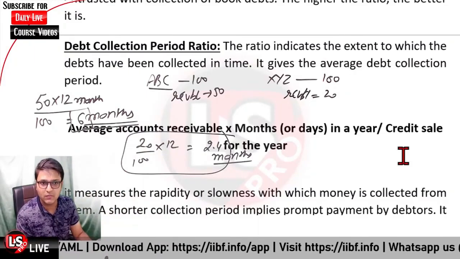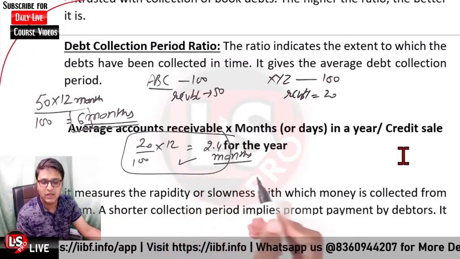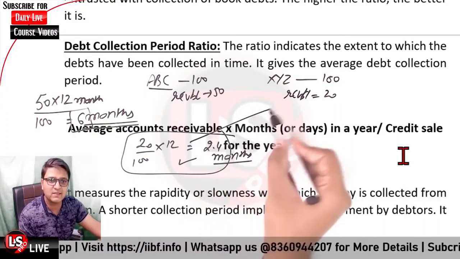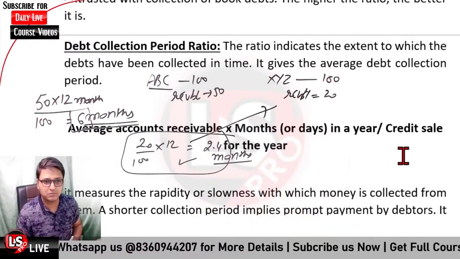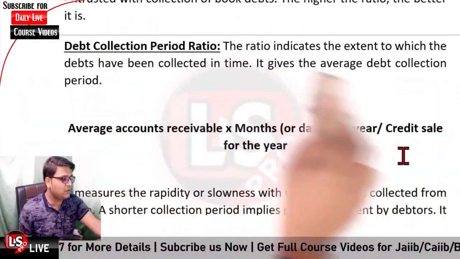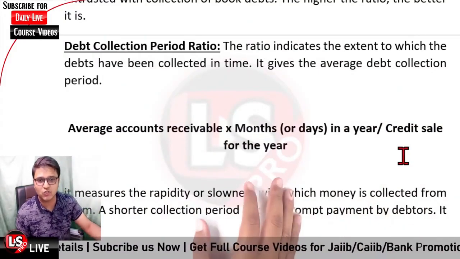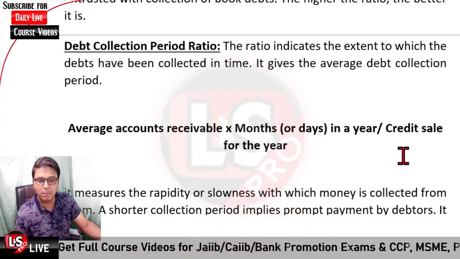Which one is better? If you are doing recovery in a better way, that is more efficient. So XYZ is more efficient. That was the debt collection period. So the shorter the debt collection period, the better it is.